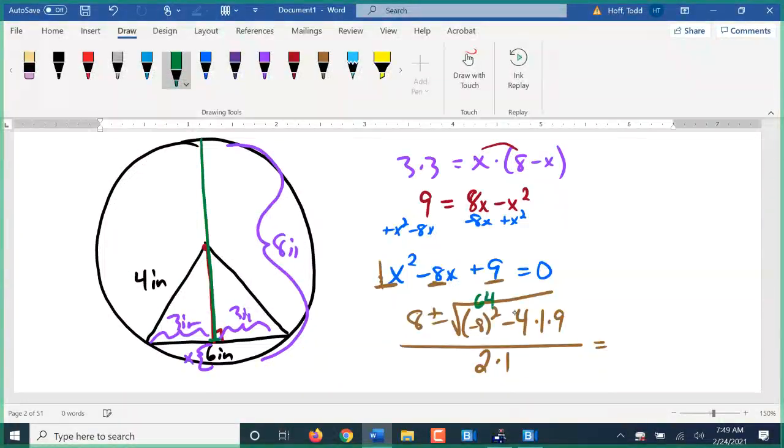Either way, this is 64, and this is 36. 64 minus 36 is 28. 2 times 1 is just 2, so that's 8 plus or minus the square root of 28.